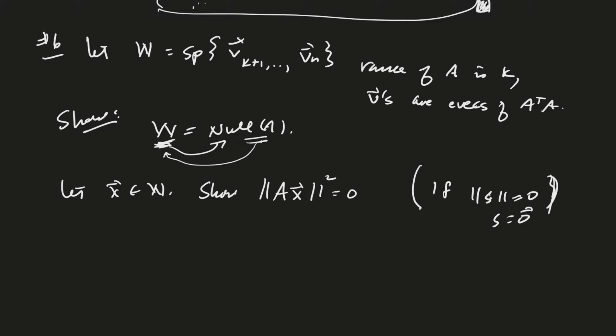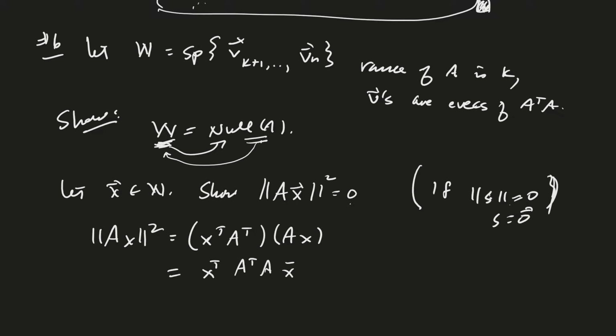That's by property of the norm. The only thing that has norm 0 is the 0 vector. Gosh, I'm running short of time. Let's see, Ax squared. I think you've seen this trick now. x transpose A transpose times Ax, right? That's x transpose A transpose A times x.